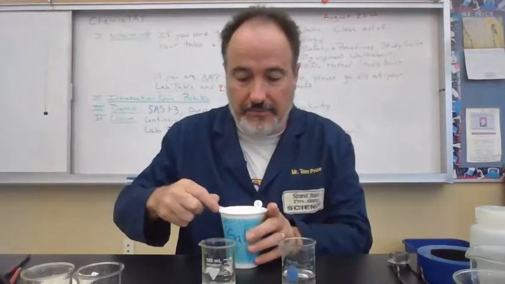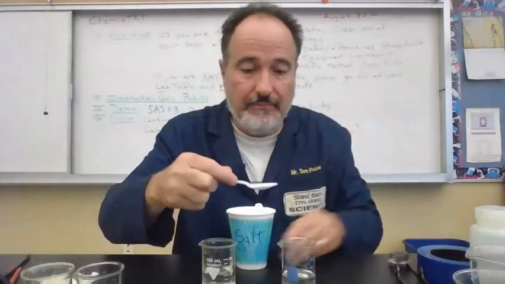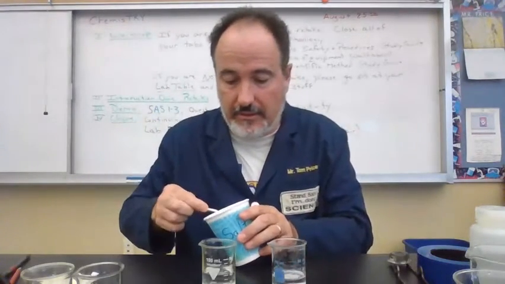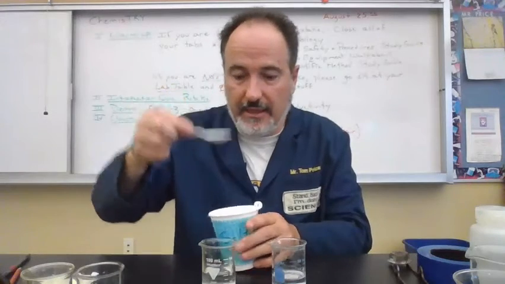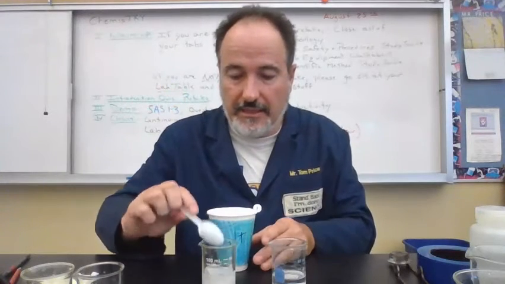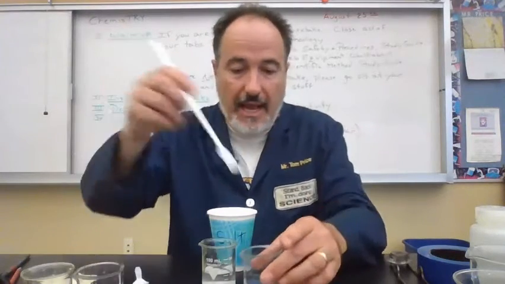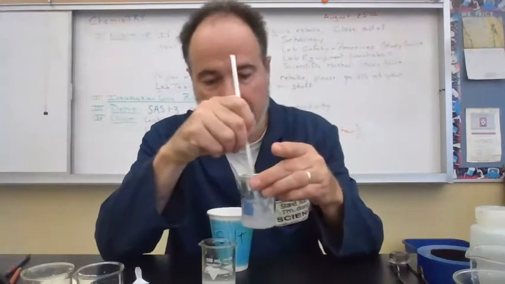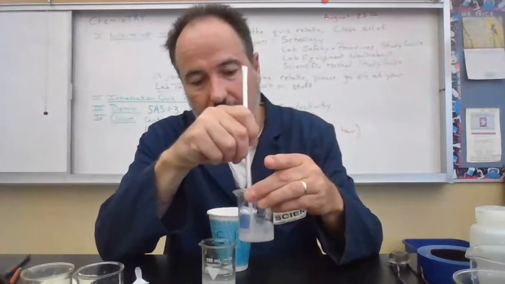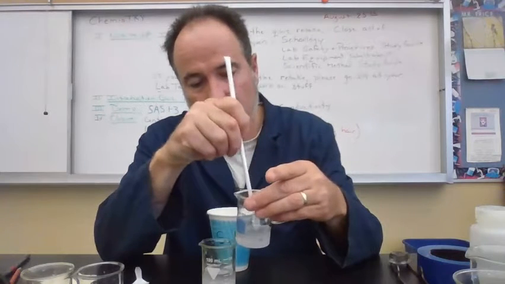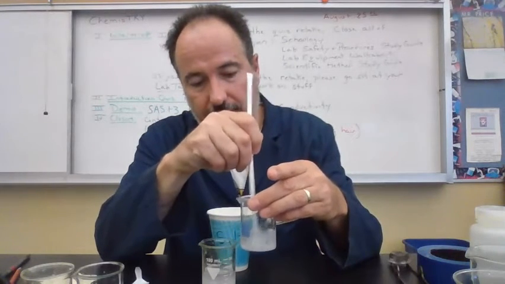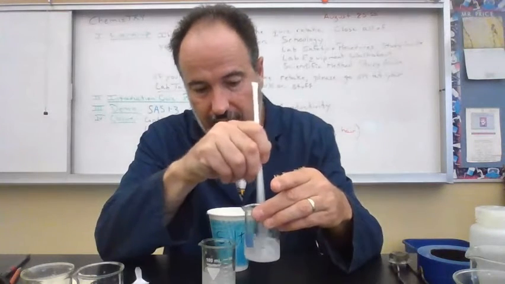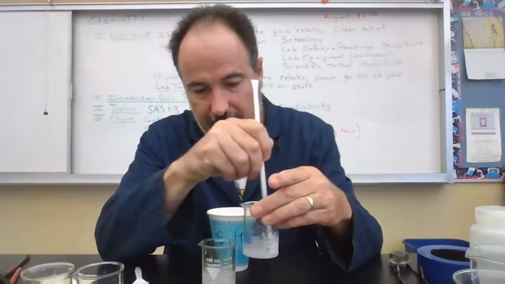So with salt, again, we want to take a level teaspoon, put that in the water, and a level teaspoon, put that in the oil, and stir it up in the water. And stir, stir, stir. Fun part of science.